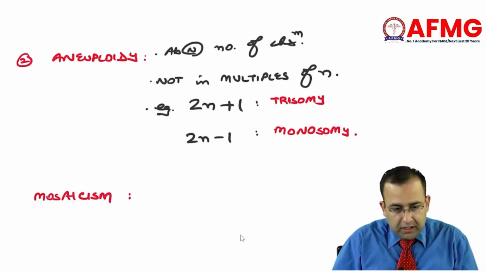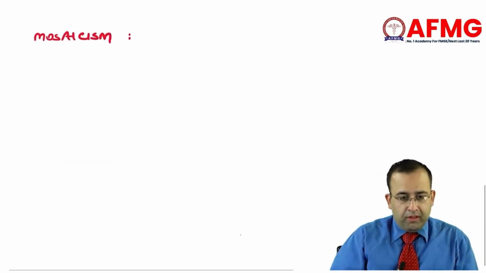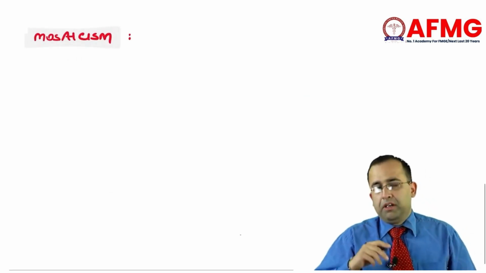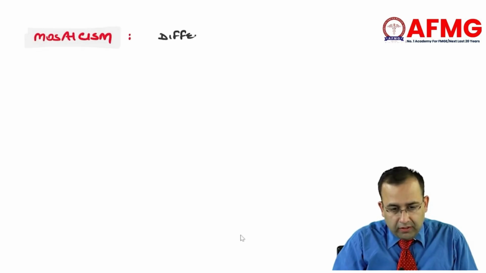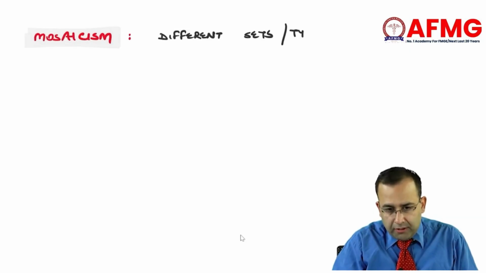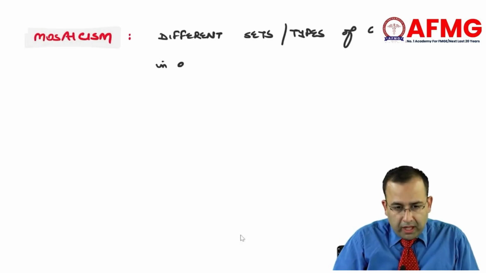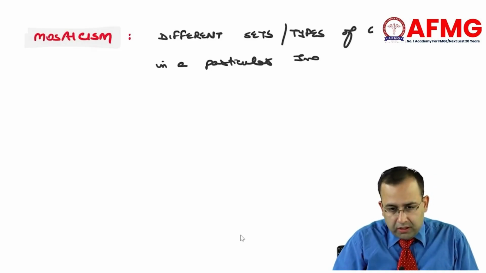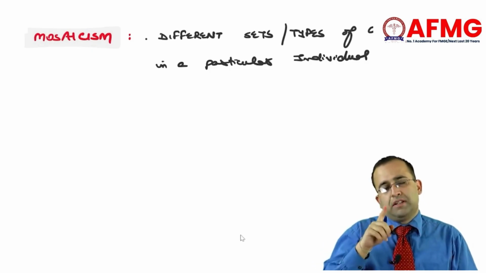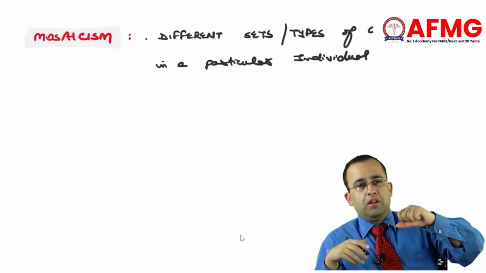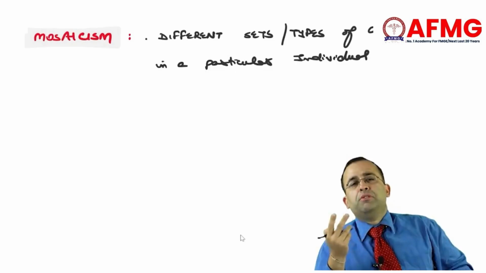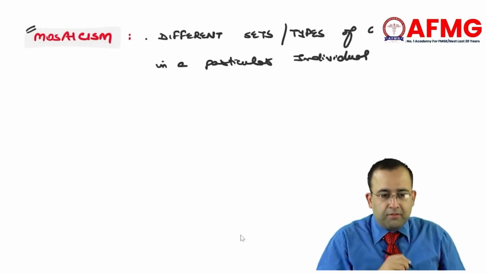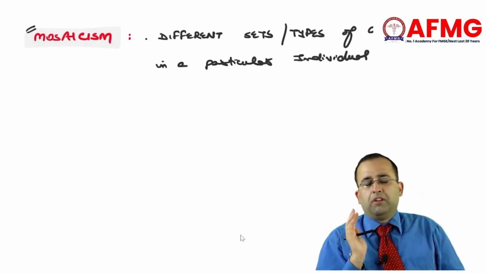Mosaicism means a particular person has different sets or different types of chromosomes. That means in one individual there are two types of cell populations. Some cell populations are normal and some have a different chromosome number. For example, some are normal and some have trisomy 21, that is Down's. This is called mosaicism.